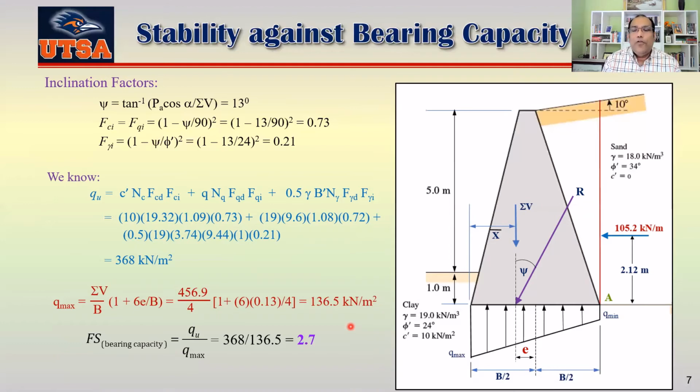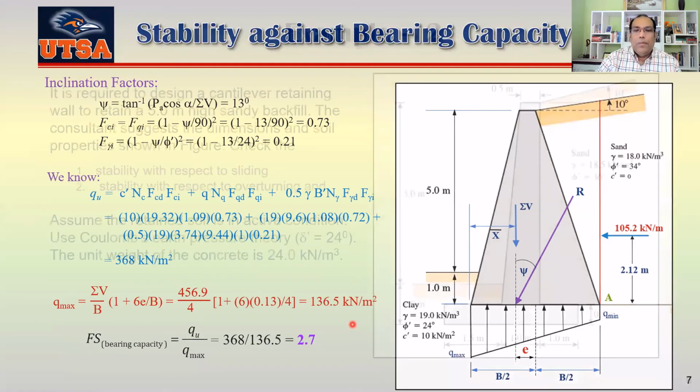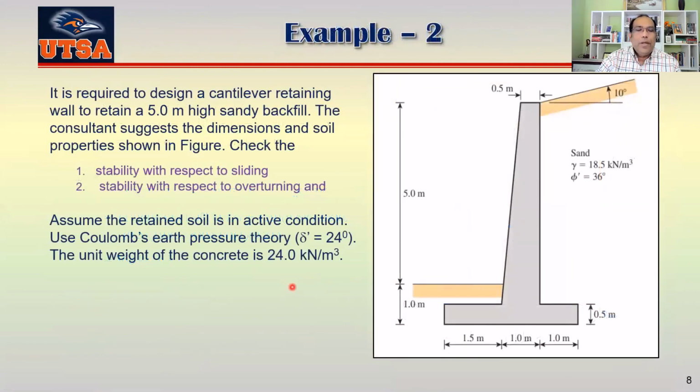Now let's move forward to the second example. This one says that it is required to design a cantilever retaining wall to retain 5-meter high sandy backfill. The consultant suggests the dimensions and soil properties shown in the figure.